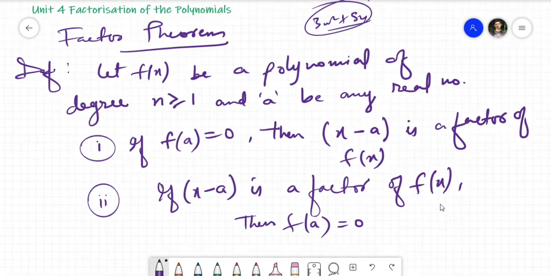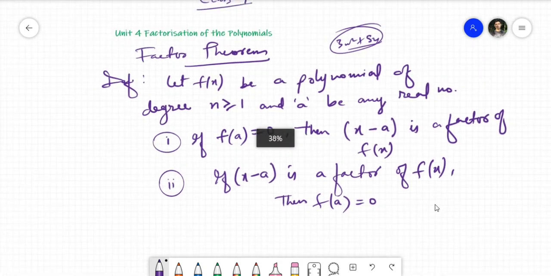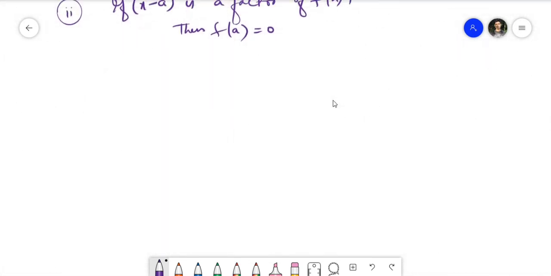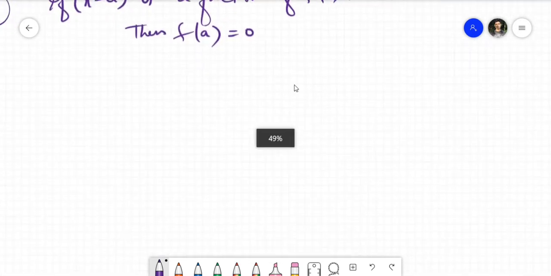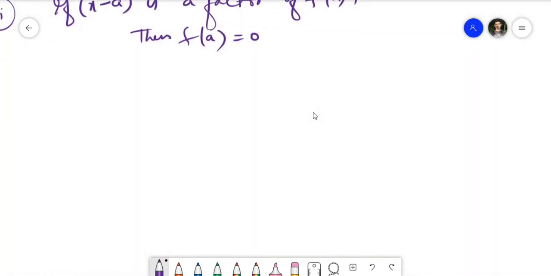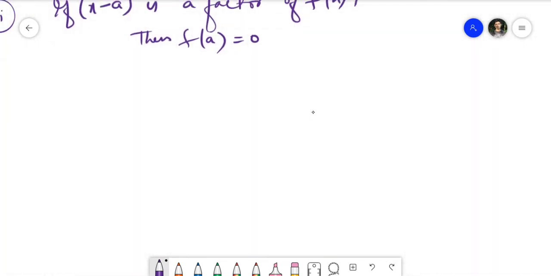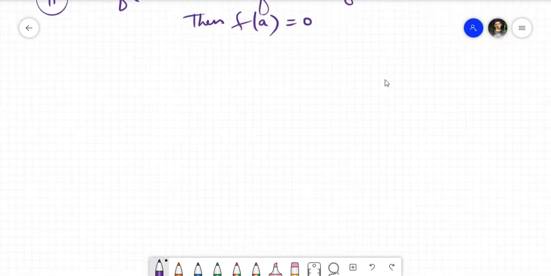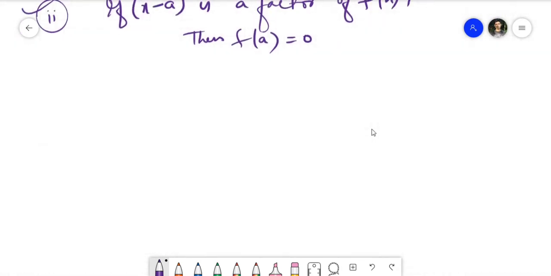I will do some examples so you can understand it properly. So remember this. Now we're going to prove this. Remember, these are theorems. We can prove this theorem in the following ways. Proof.